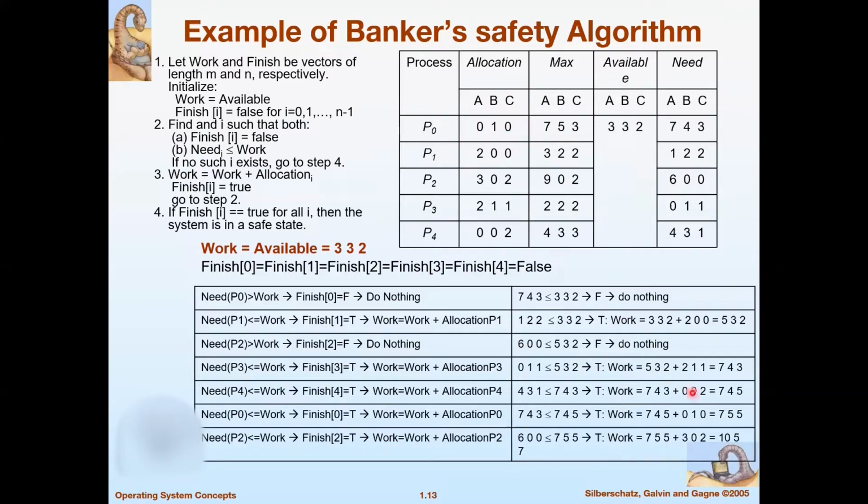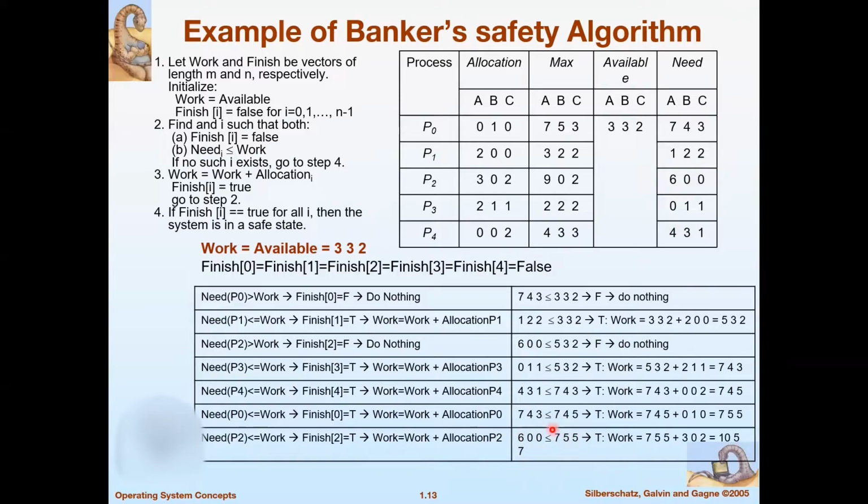now becomes 755. Now with this 755 of available resource, we will come to the process P2 because P1 already completed. P2 could not be completed at the first go. So now we come to process P2 whose future requirement is 600, which is less than or equal to our current available 755.